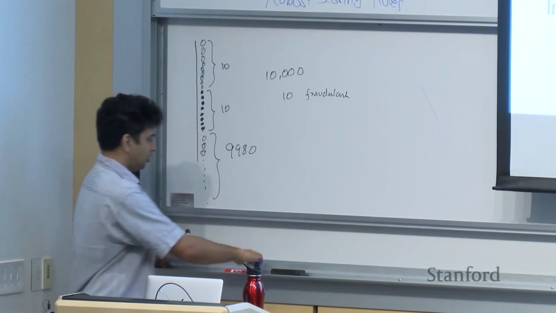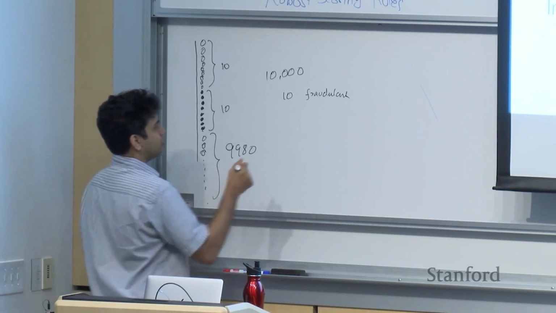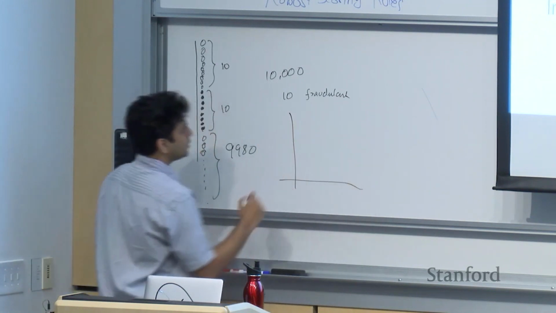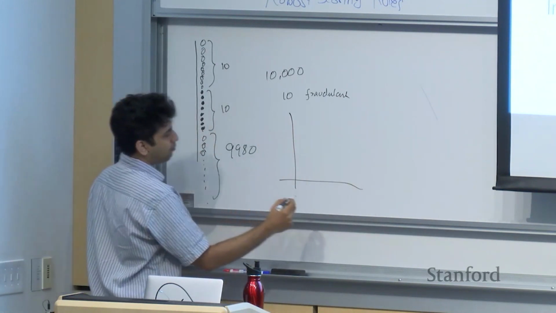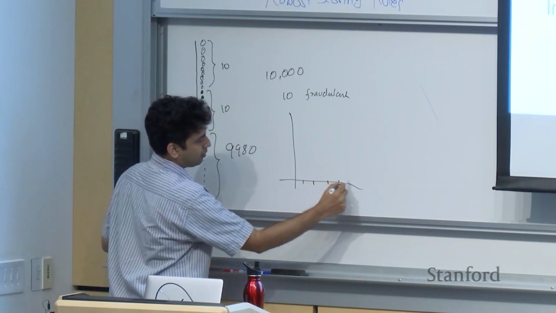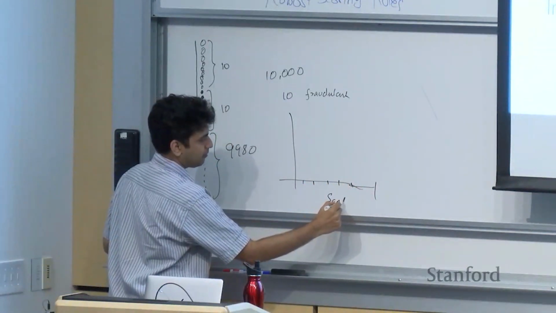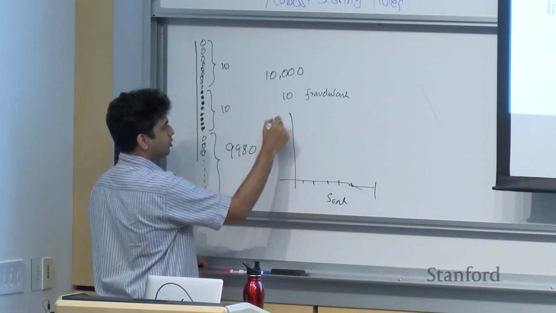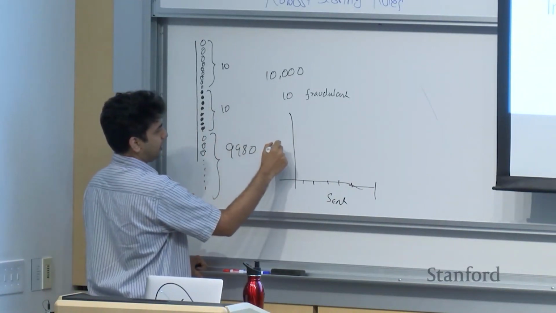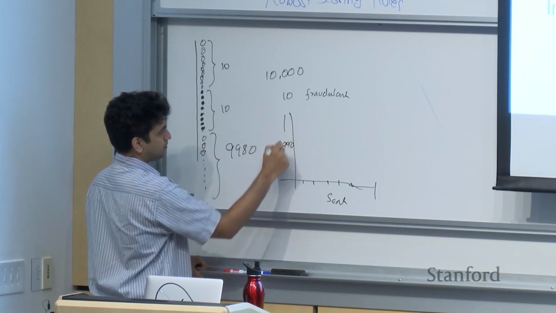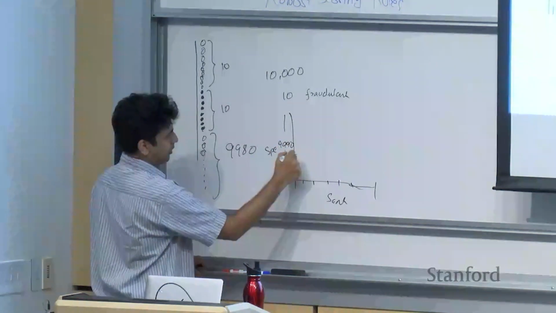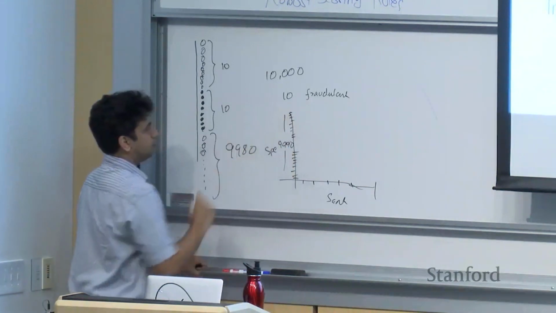Let's do a quick sanity check. We have 10 positives, so chop the sensitivity side into 10 intervals, and the specificity side into 9,990 pieces.